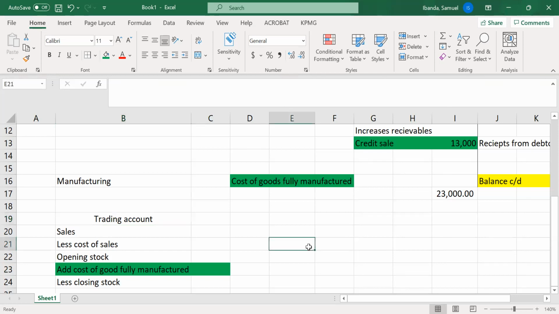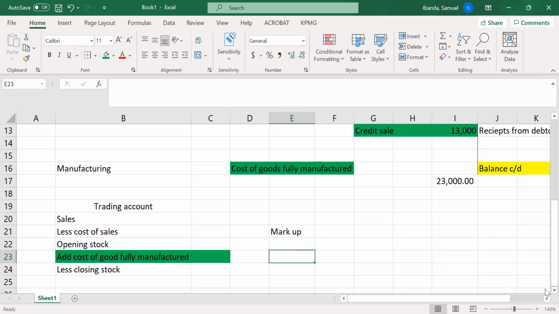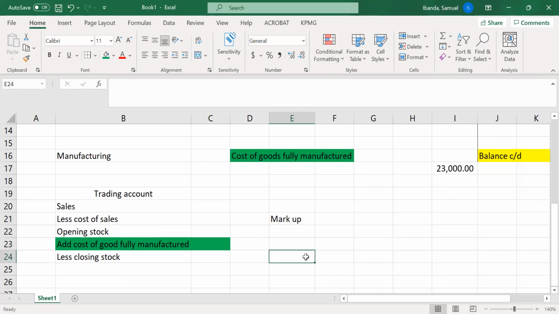Now, one of the things that you need to understand is what is a markup and what is margin. And you're going to use this information even when it comes to questions around single entry, okay? So before you go to the exam, you should understand what markup is and what margin is, okay?